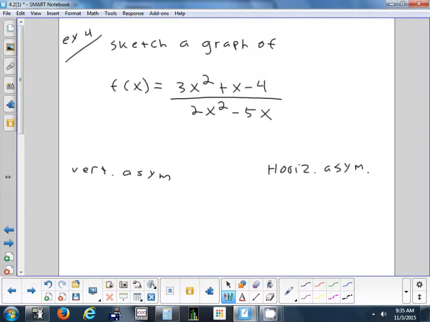Okay, Nick, how do I find my vertical asymptotes? Look back in your notes at those five steps. I think it's the second or third step.